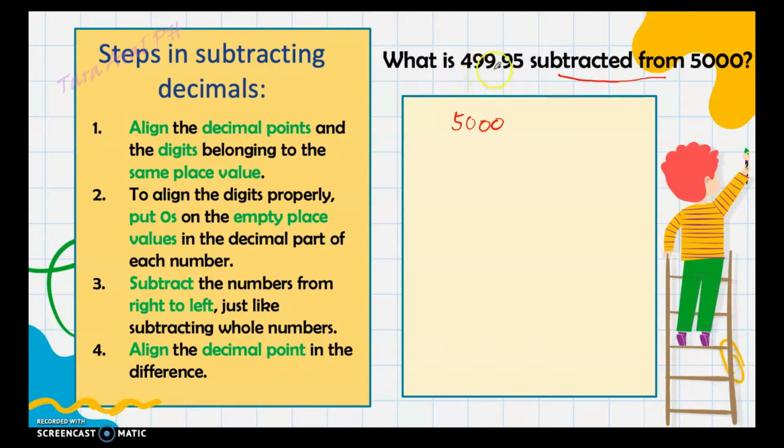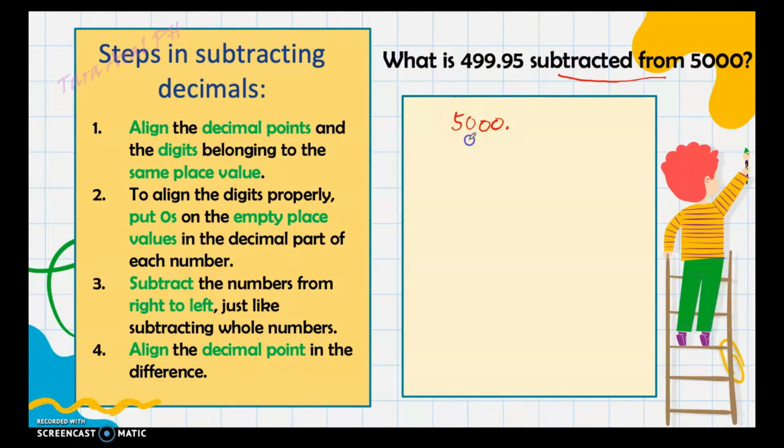Then we subtract 499.95 from it. As you can see, there is no decimal point in 5,000 since it is a whole number, but there's an invisible decimal point at the end. You may put the decimal point at the end of the value. It doesn't change the number, it's still 5,000.